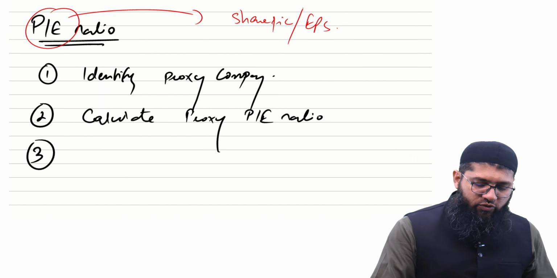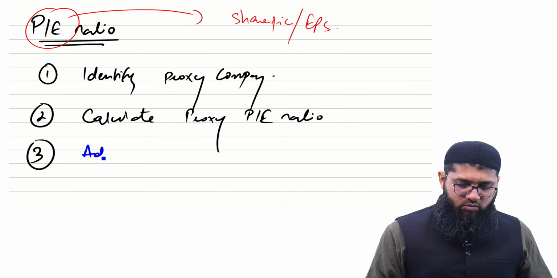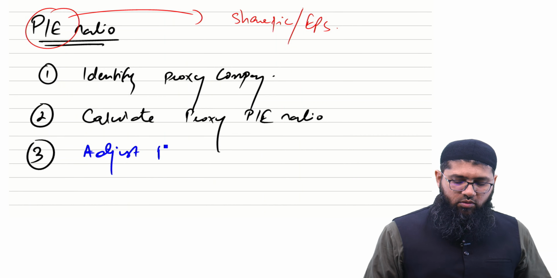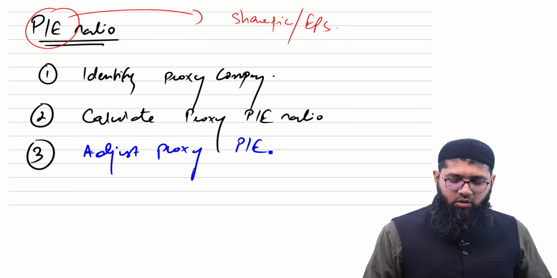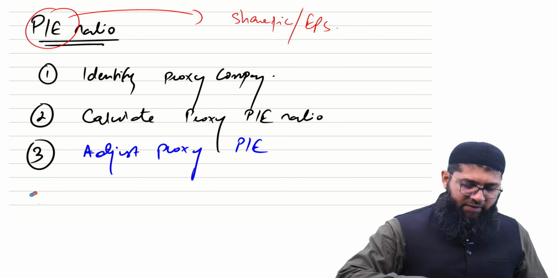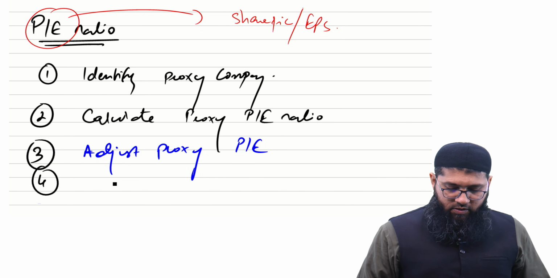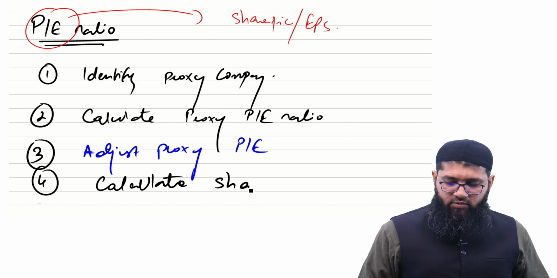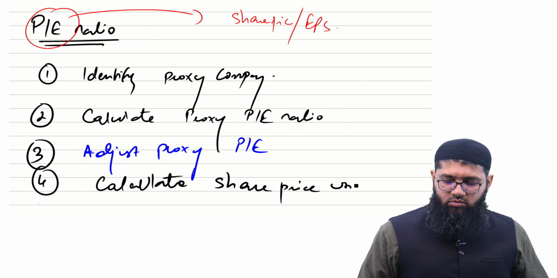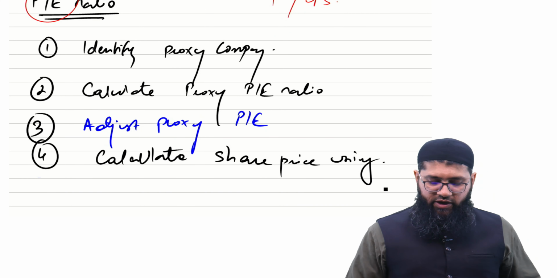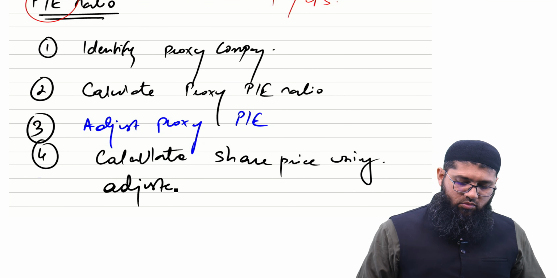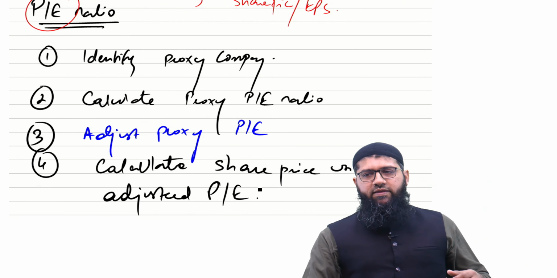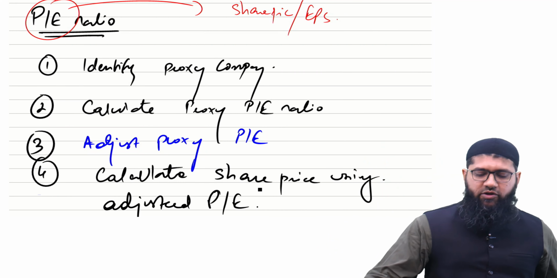Now the third step is that you adjust the proxy PE, and the fourth step, I repeat, is that you calculate the share price using the adjusted PE ratio.